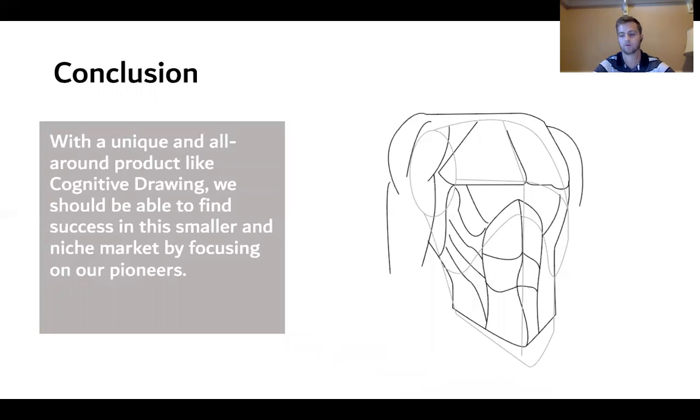We think that once these pioneers get a good look and understanding of what it is, they'll feel nothing but inclined to try it out, especially because this is such a unique and opportune thing for their children with getting the homeschool credit hours. We think that overall this campaign mixed with the already good concept of Cognitive Drawing will be successful. And that concludes this presentation.